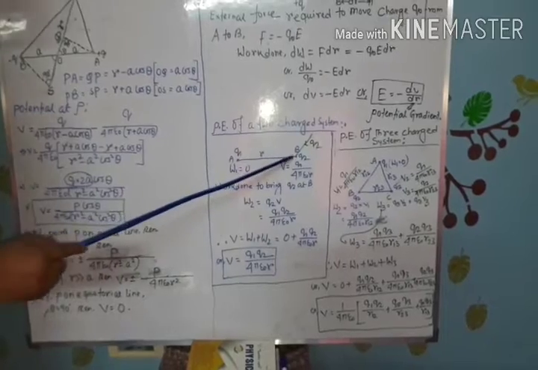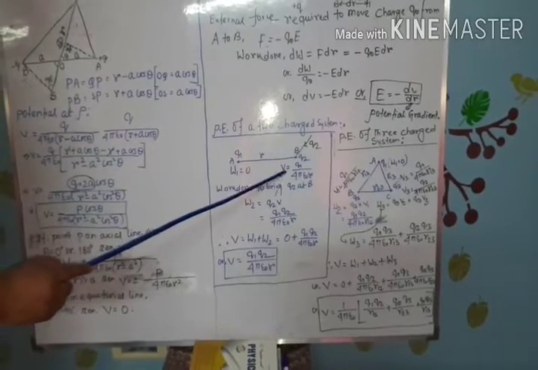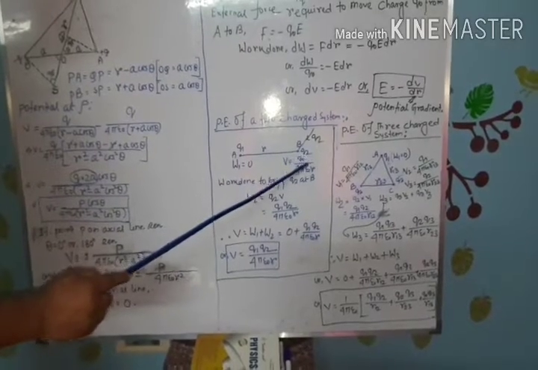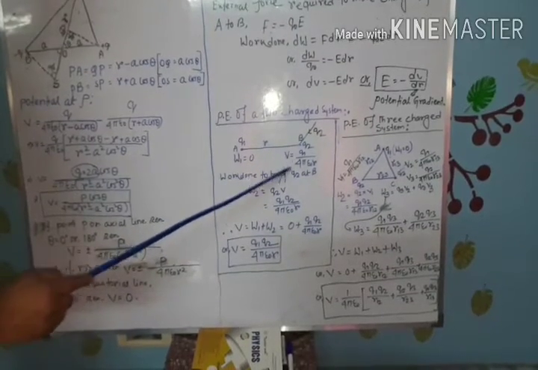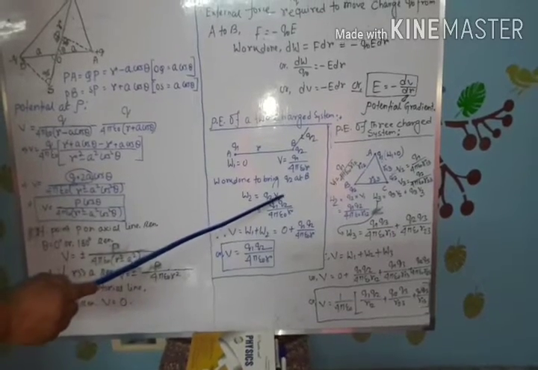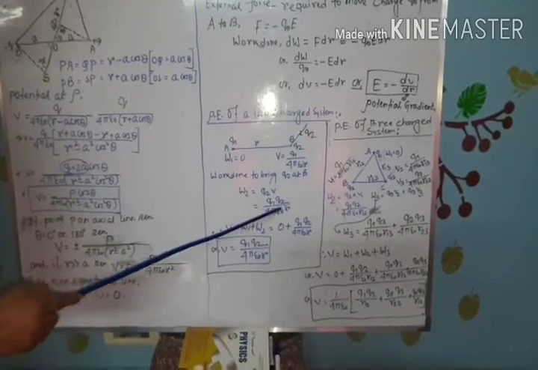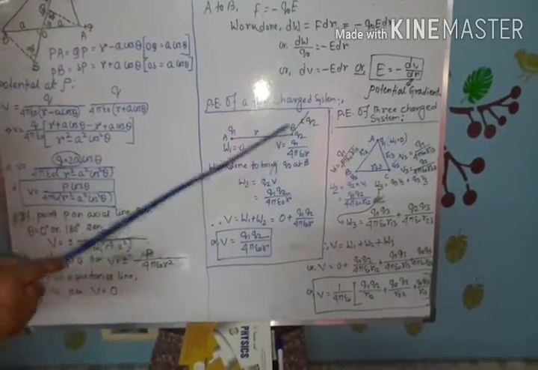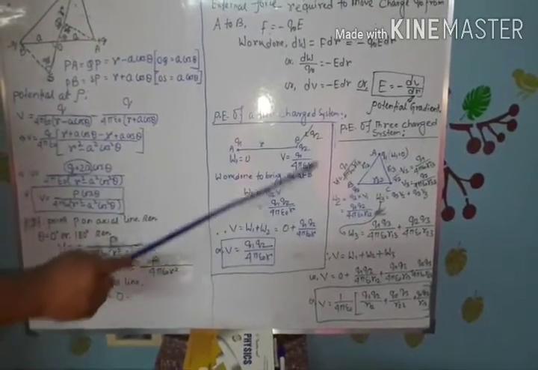So the potential at B, which is at a distance R due to Q1, becomes V equal to Q1 by 4 pi epsilon naught R. Under this potential, the charge Q2 comes to the point B. Therefore, work done from the definition, W2 equals charge times potential, Q2 into V. By putting the value of V here, we get the work done Q1 Q2 by 4 pi epsilon naught R. Therefore, the total work done to place the two charges Q1 and Q2 at A and B is the potential energy of this two-charge system.